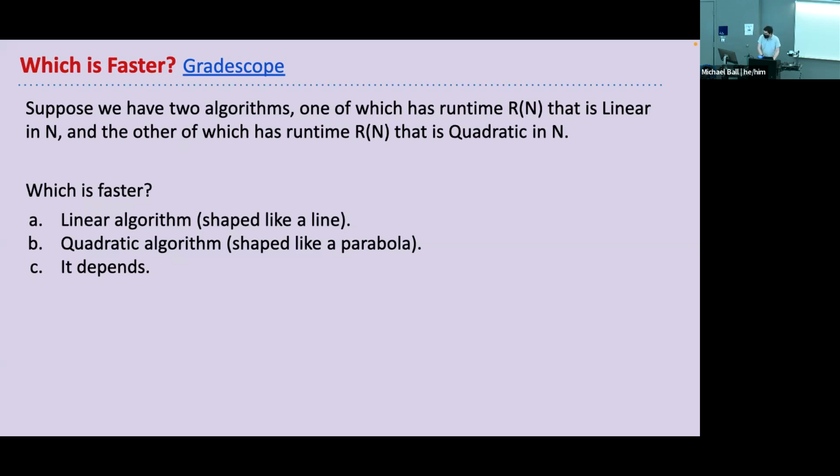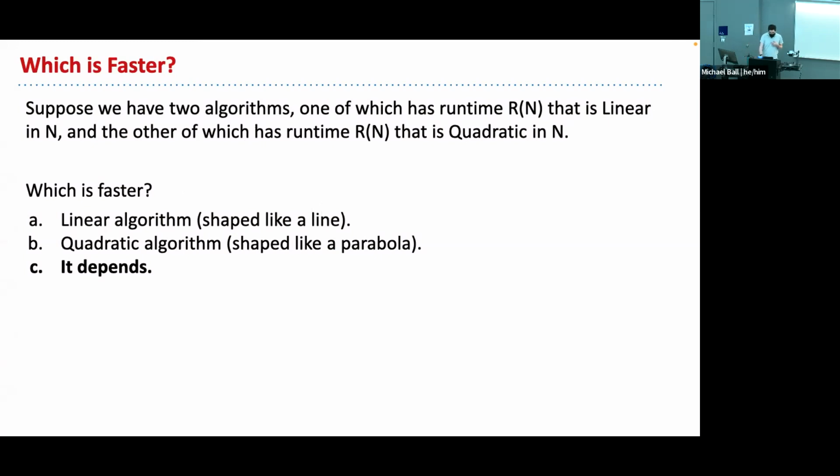Cool. The number of correct responses is ticking up more quickly than I would have expected, because this question is definitely kind of a trick question. In the abstract, if I ask which is faster, a linear time algorithm or a quadratic time algorithm, it really depends on what we're talking about.